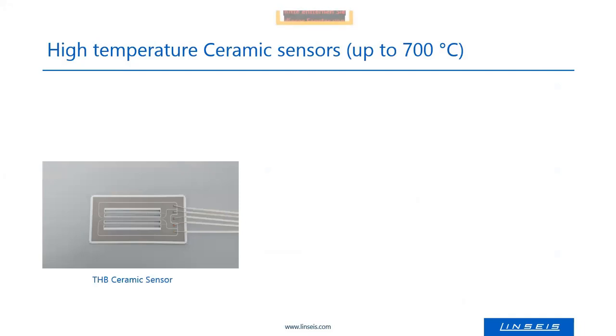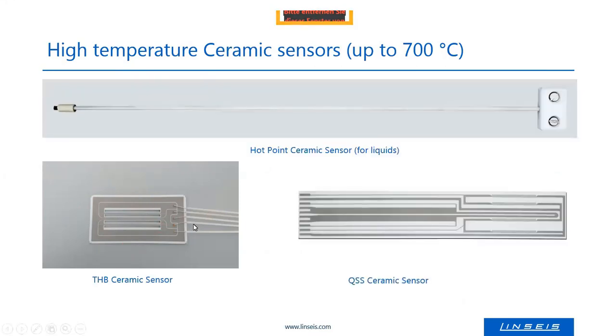For higher temperatures, we have ceramic sensors. The layout is the same, but the matrix, it's not Kapton, not a plastic material, it's a ceramic material. We have the THB sensor, the classical THB sensor, the QSS sensor, and also a ceramic hot point sensor.